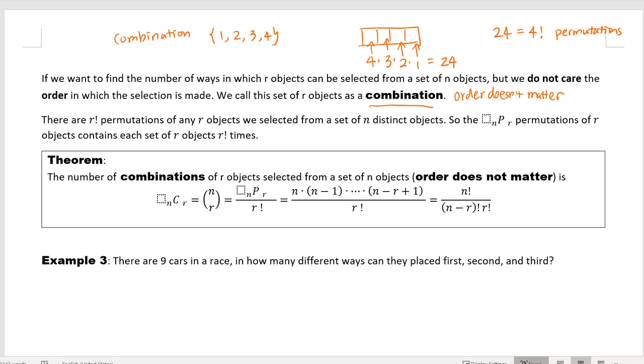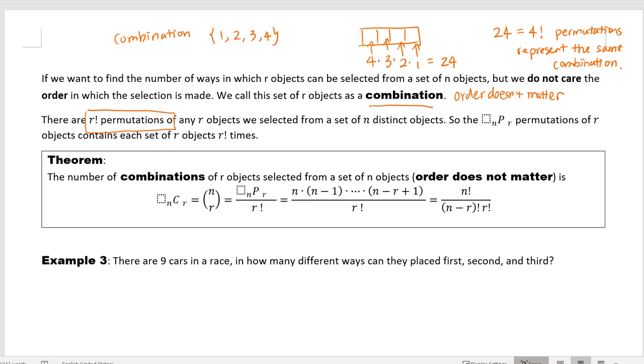So 24 permutations represent the same combination. In general, there are R factorial permutations of any R objects, and they represent one combination.